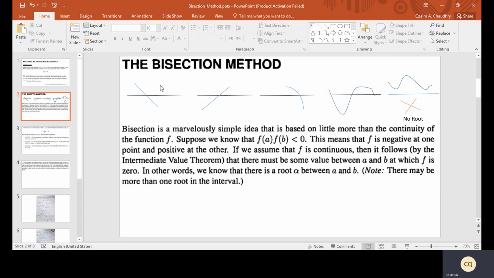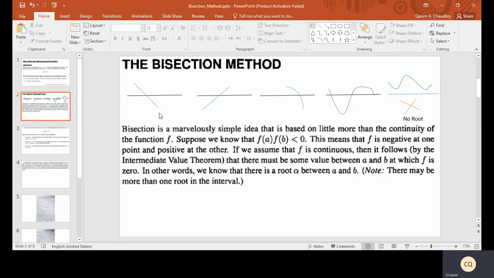So students, let's see in this graph, the first one. You can see that this point, where my cursor is, the upper point, at this point the function is positive because it is above the x-axis. And this point here is below the x-axis, and the function value is negative here.